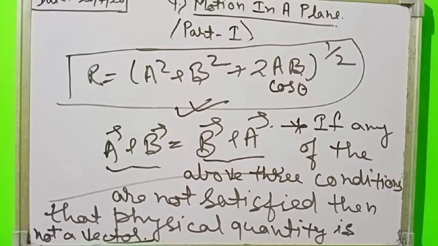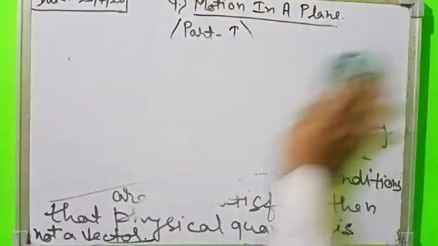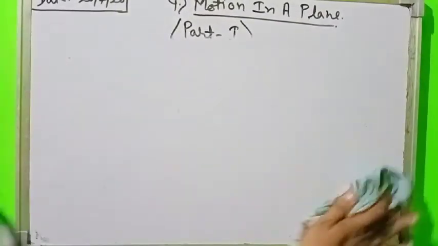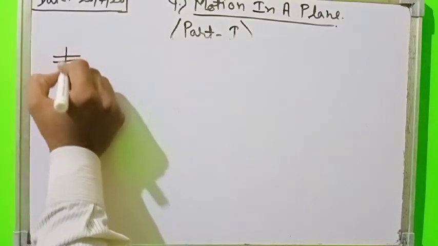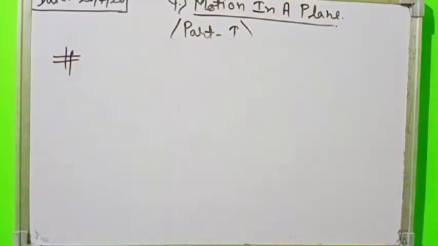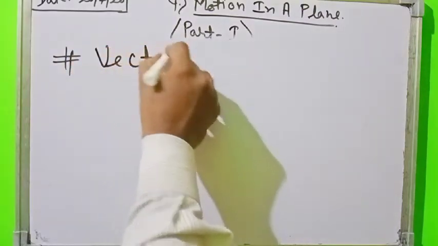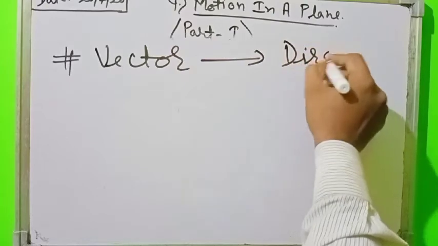Now, obviously a question arises in your mind. If a physical quantity is a vector, it must have direction, as we have studied.